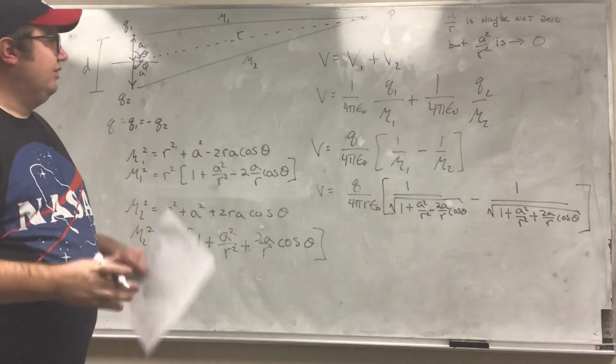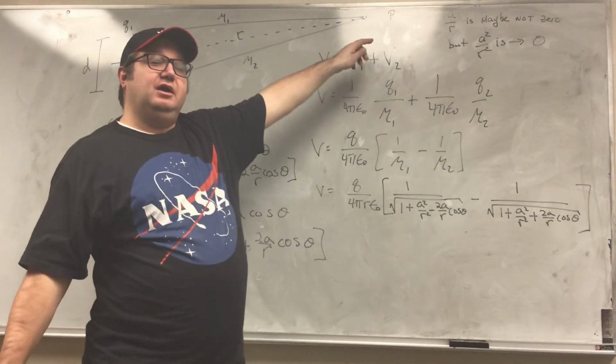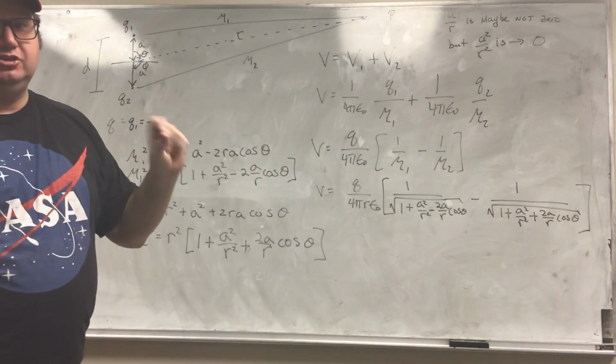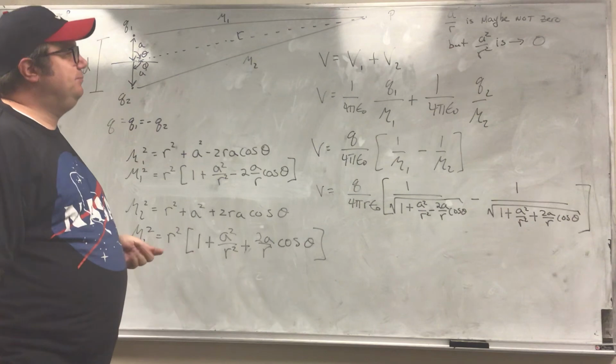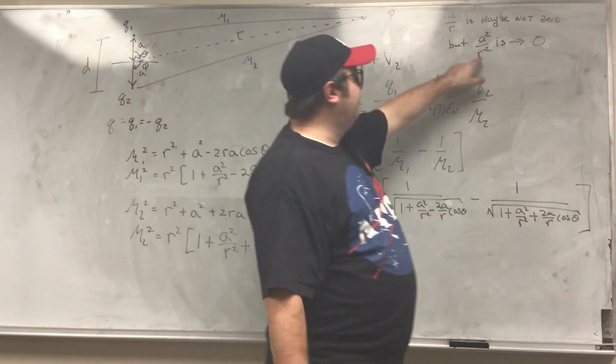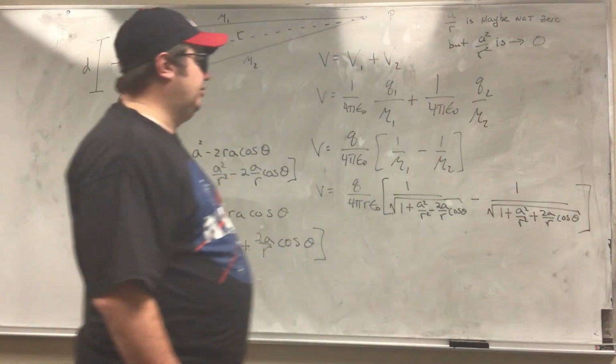So this is pretty far away. It's far enough that you can kind of make out that there's two charges and not just one, but pretty far away, such that a squared over r squared is 0.